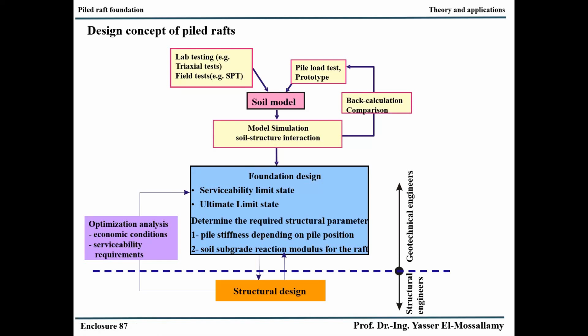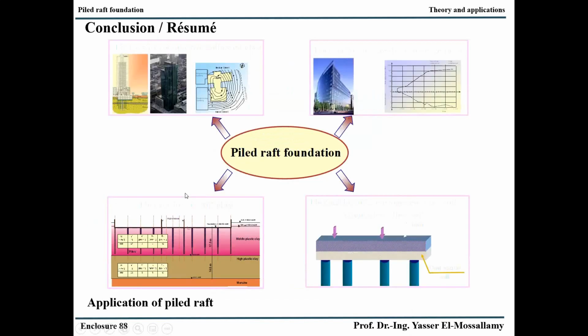And this pile stiffness and subgrade reaction modulus can be calculated very accurately from our geotechnical part of the work. Therefore, at the end, piled raft foundation can be applied in a lot of different load conditions and soil conditions.